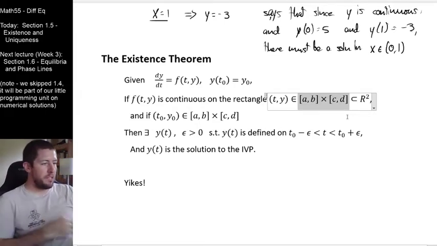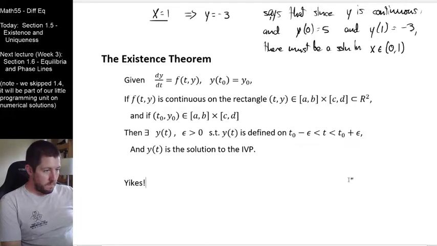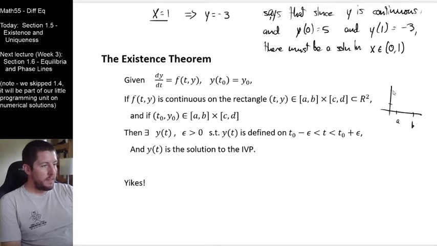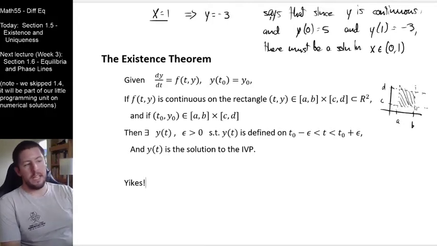So what I'm picturing is that out there in the plane there is some AB and there is some CD, and therefore the rectangle that those guys collectively make as a cross of two intervals is going to be this region that we're looking at right there. There's AB cross CD right there.